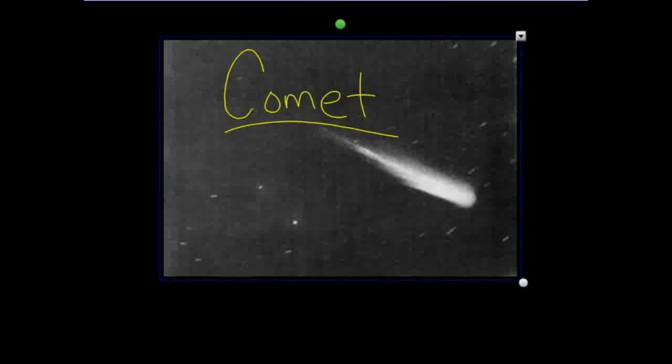And the tail from these comets is not because it's burning up in some atmosphere like Earth. That tail is caused by heat from the sun and the solar wind. The reason they form those tails is that if we draw the solar system, we've got a sun, and we're going to put Neptune way out here.